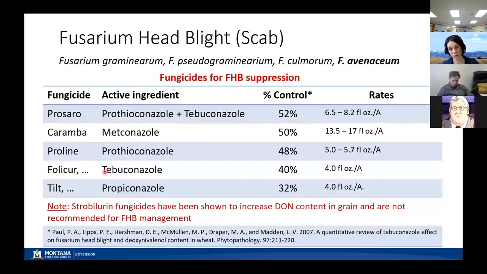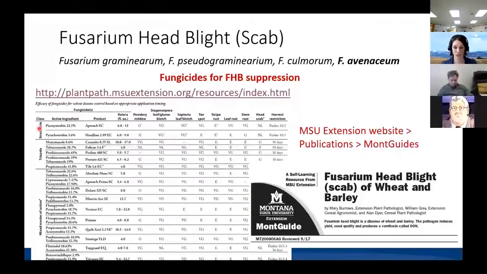So if you had to choose a fungicide, I would recommend these upper three. And again, those fungicides suitable for control of head scab are also listed in the fungicide reference table that I mentioned earlier, which you can find under this PlantPath MSU extension link.